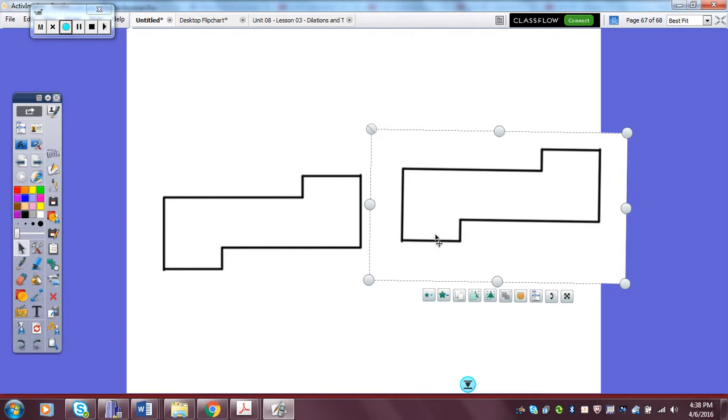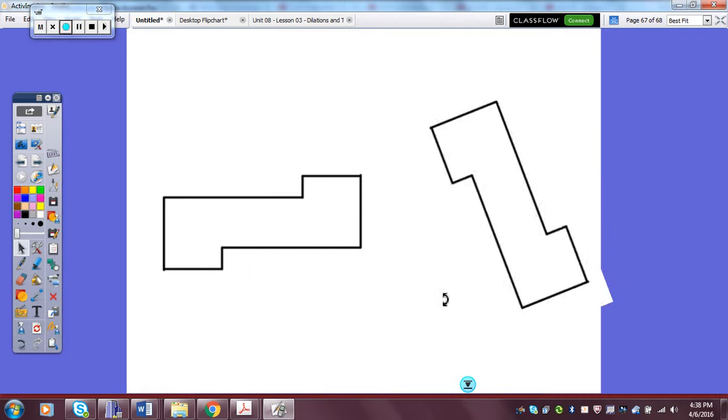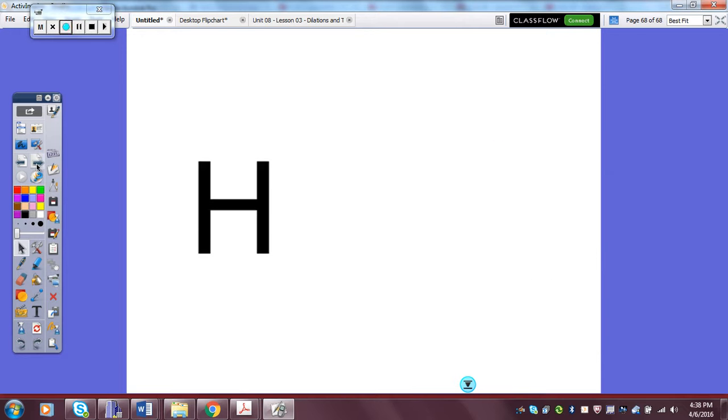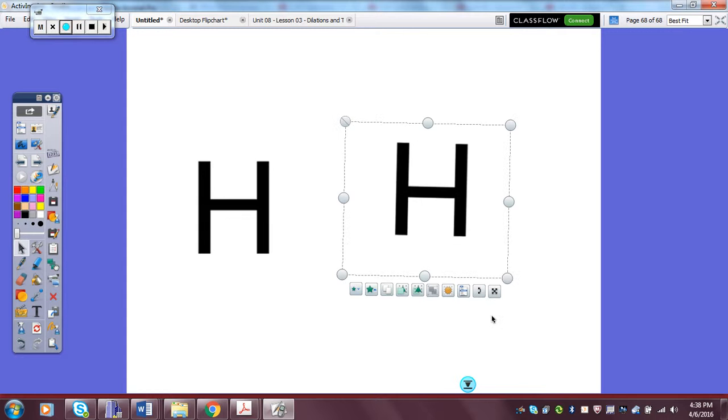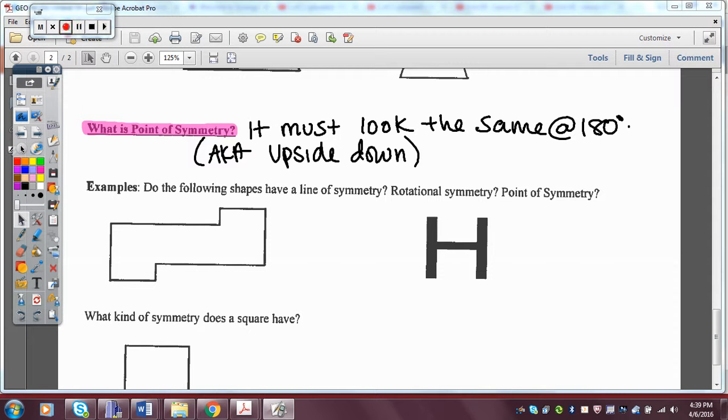Notice also, because it is between 0 and 180 degrees, he also has rotational symmetry. So let's look at one more. Let's look at H. If I spin H completely upside down, does this picture look the same as this picture? Absolutely. So it has point of symmetry and rotational symmetry.